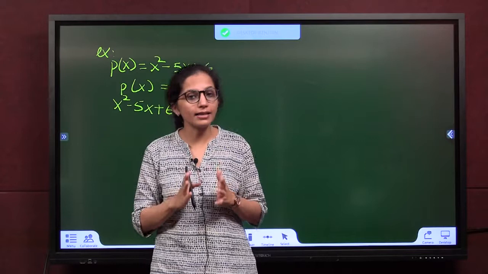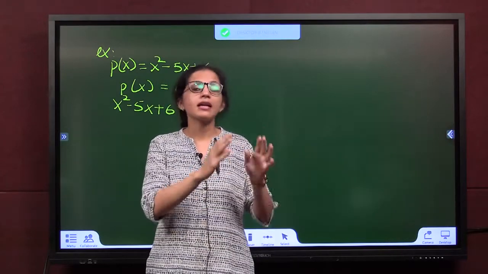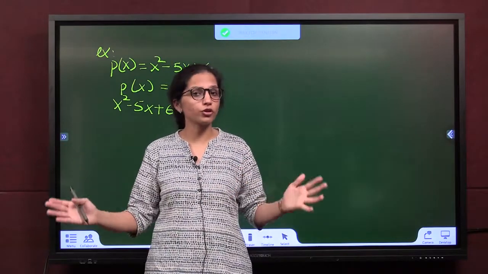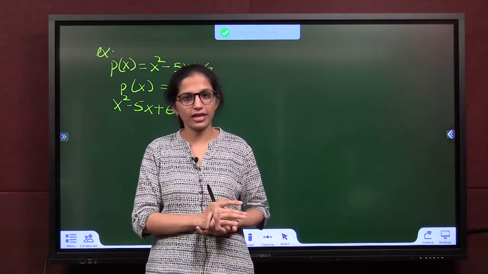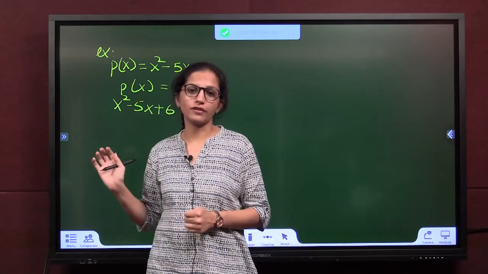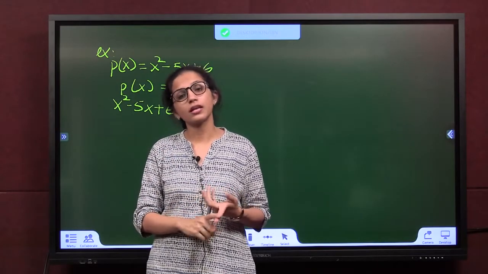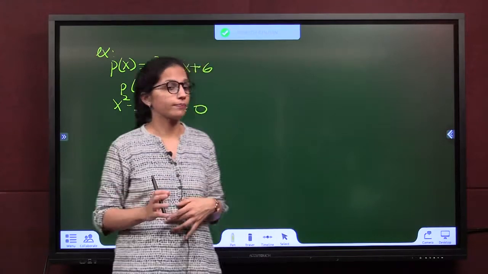So if anyone has doubts in factorization, please go to quadratic equation chapter. In that, there's a section where we have explained factorization in one full huge video with lot of examples. Go through factorization over there and then come back and try to solve it here. I repeat, it's in chapter 4, quadratic equations. Go through factorization over there and then come back over here.